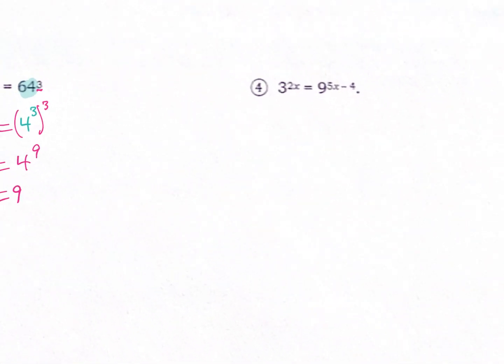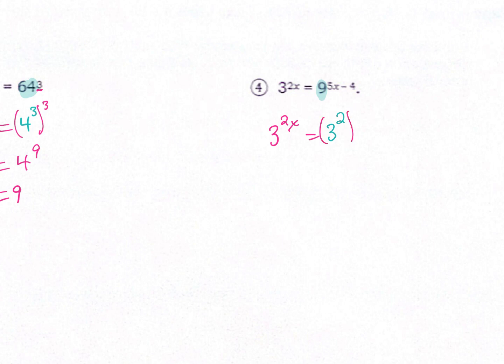Okay. All right, what base are we going to use here? 3. There you go. 3 to the 2x, and we're going to rewrite this 9 as 3 squared. That's the 9 raised to the 5x minus 4. And then we've got to distribute.